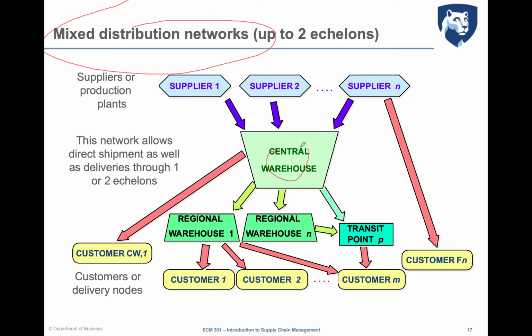You see here the central warehouse serves customer 1 directly, the regional warehouse serves customers 1 and 2, customer M is served through a transit point, customer N is served directly from the supplier, and so on.